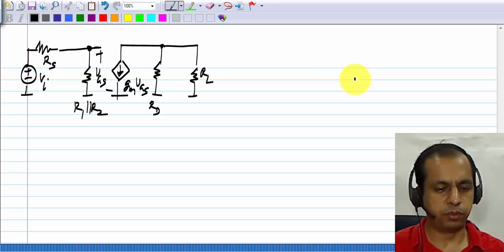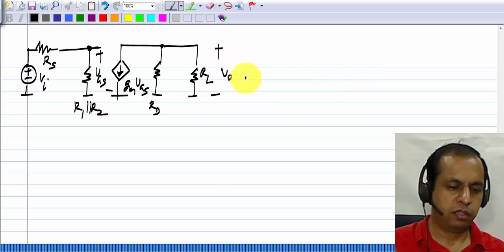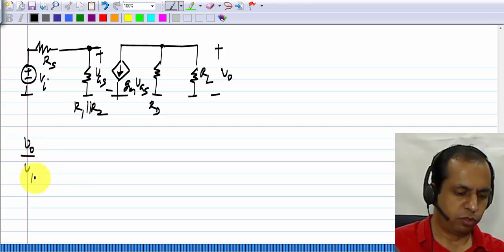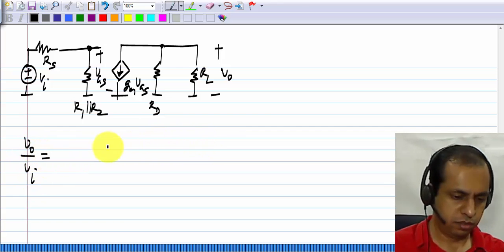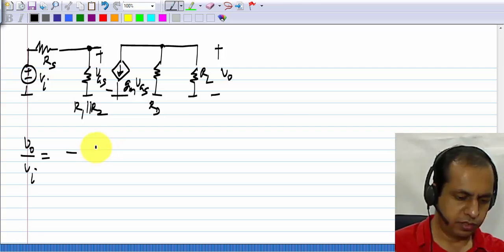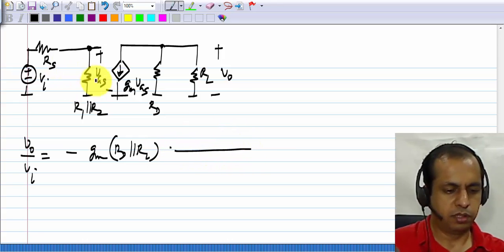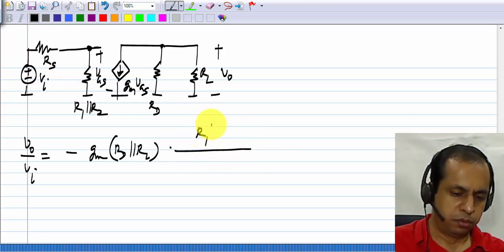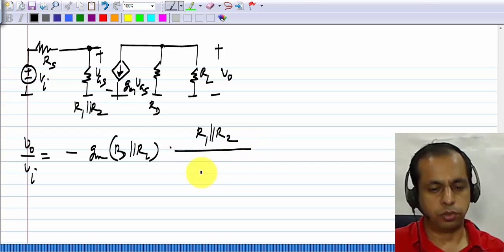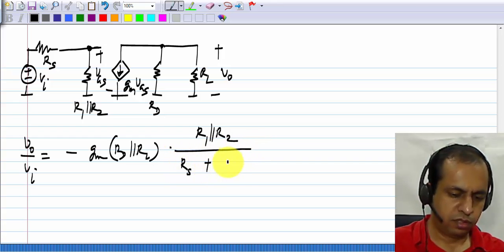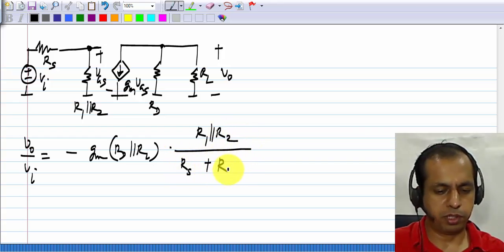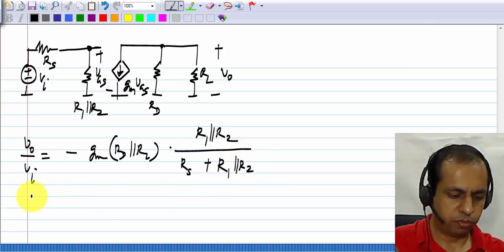So that's the picture we have, and we can easily see that V naught by Vi will be minus Gm times Rd parallel RL times the voltage division due to the source resistance, R1 parallel R2 divided by Rs plus R1 parallel R2.